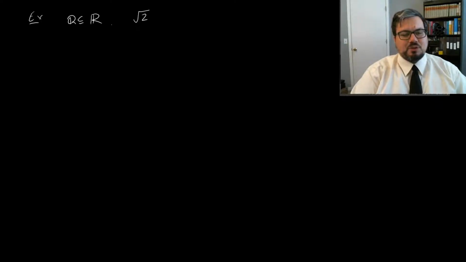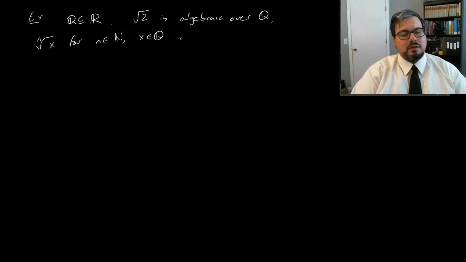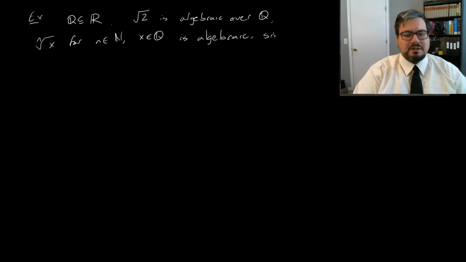In this extension, we have that the square root of 2 is algebraic over Q. And indeed, if we take any nth root of x for any natural n and any rational number x, these are all algebraic, since this element is a solution to the polynomial x to the n minus x inside the polynomial ring over Q.